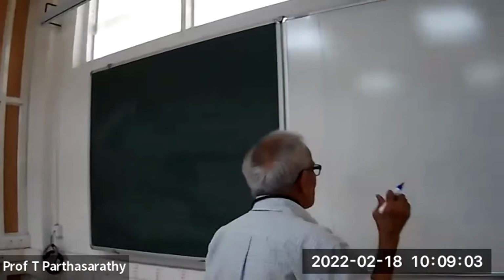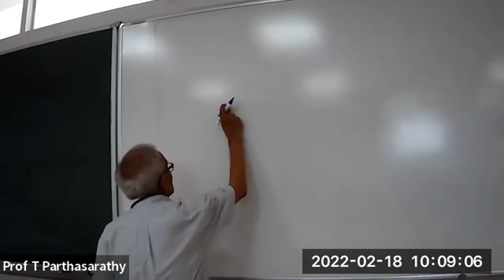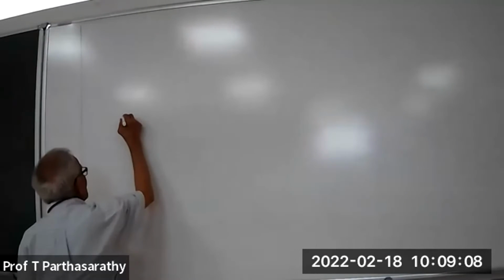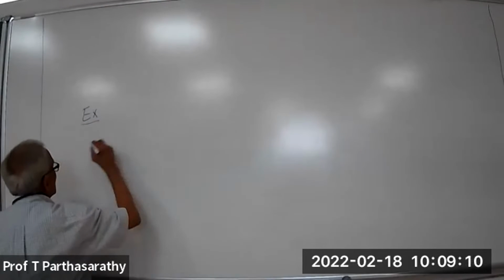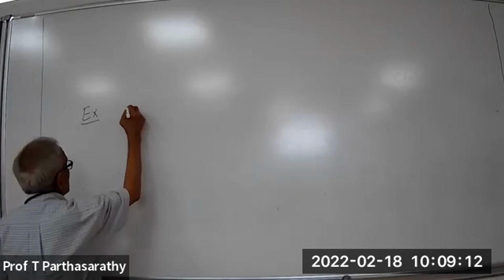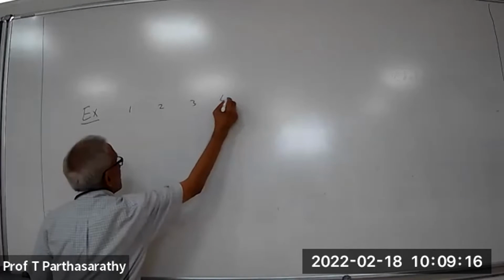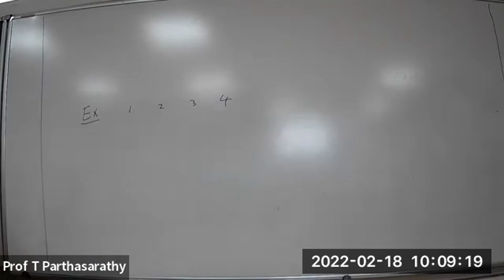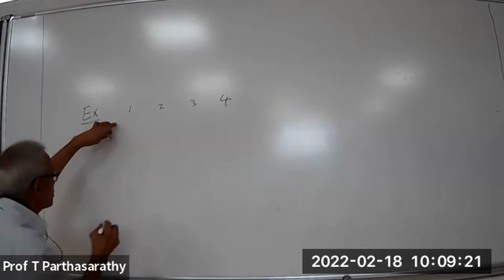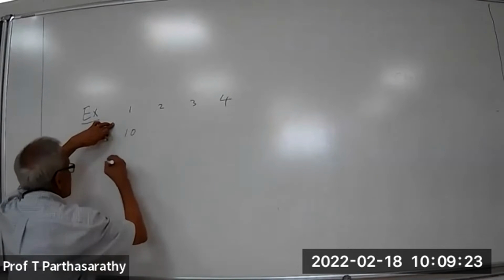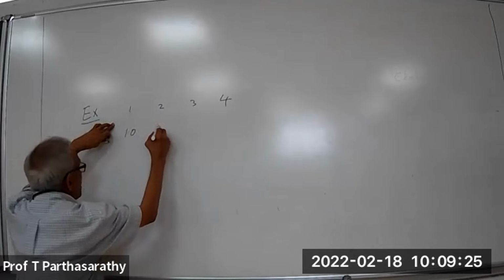Let me give you an example. I would suggest you work it out yourself as an exercise. There are 4 directors, players 1, 2, 3, 4. The first director has 10 shares in that company, the second one 20.